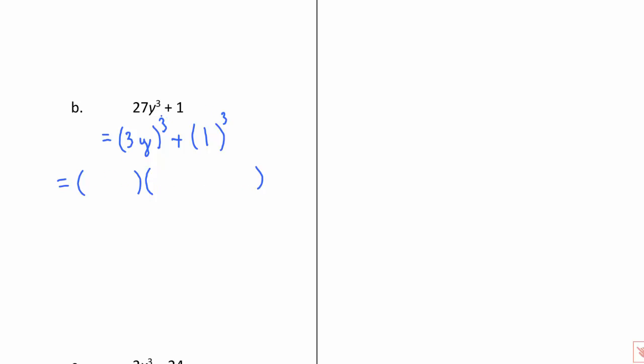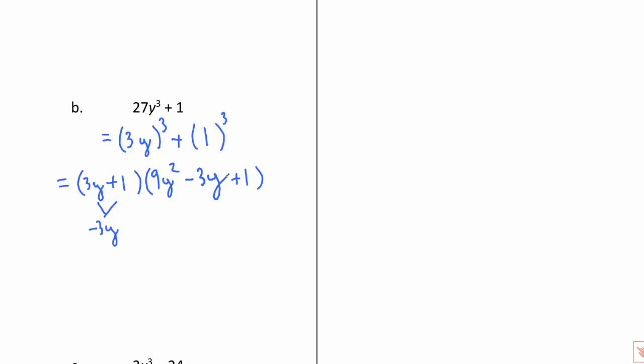I'm just going to drop the exponents here for the first factor, so that's going to give me 3y plus 1. And then I'm going to use this and I'm going to square it. Square the 3 gives me 9, square the y gives me y squared. Square the 1 gives me plus 1. Don't forget this middle term though. To get it, multiply these two together. 3y times 1 is 3y, and then change the sign.